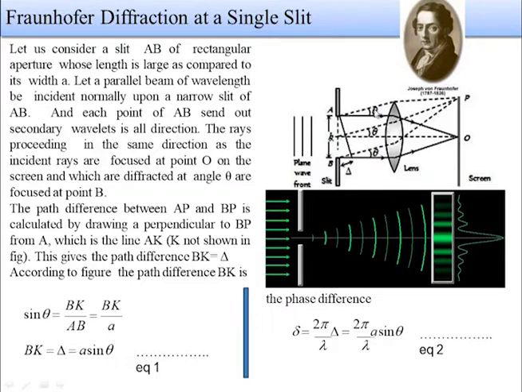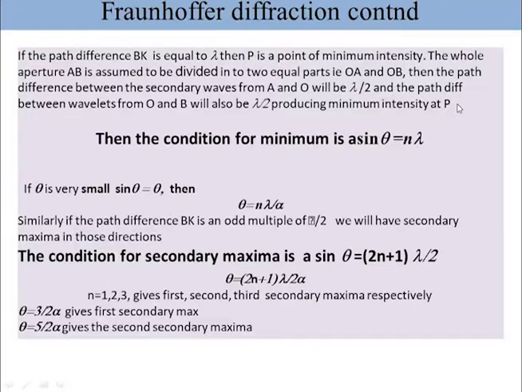So this whole AO produces a net path difference of lambda by 2, and the same is observed here also, in net effect producing a minimum intensity due to destructive superposition at the point P.